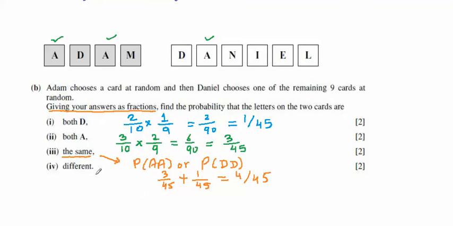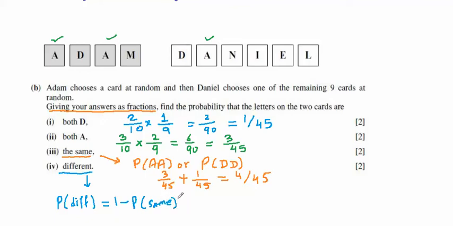Now the last part, same experiment, and we have to find the probability that the letters on the two cards are different. Letters on both cards being different means that they are not the same. So we have two ways to do this question. One way is using the answer of the previous part, that the probability of two different cards is equal to 1 minus the probability of both same cards.